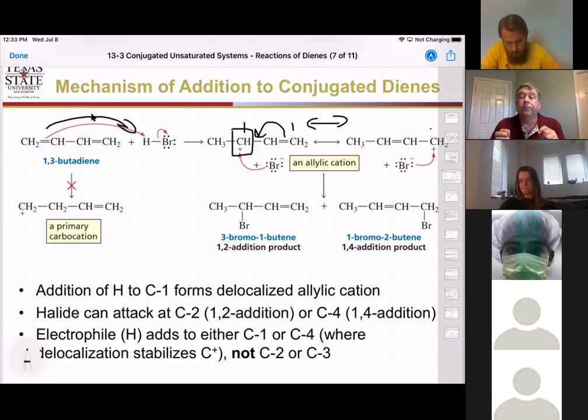So if the reaction progresses, it's going to go back and forth between those two resonance structures, and we're going to get our product where it can go where we first formed the carbocation, or it can go where we had the allylic stabilized carbocation form, which is on that 4th carbon. That explains our 2 different products we get.